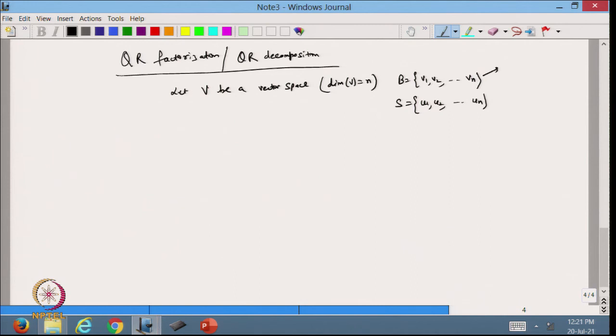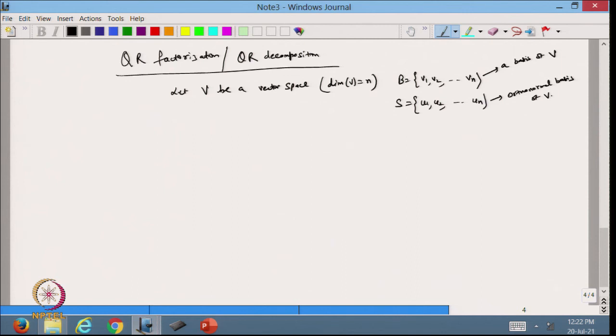So, this is a basis of V, and this is an orthonormal basis of V. These are the orthonormal bases that we have obtained with the help of Gram-Schmidt.